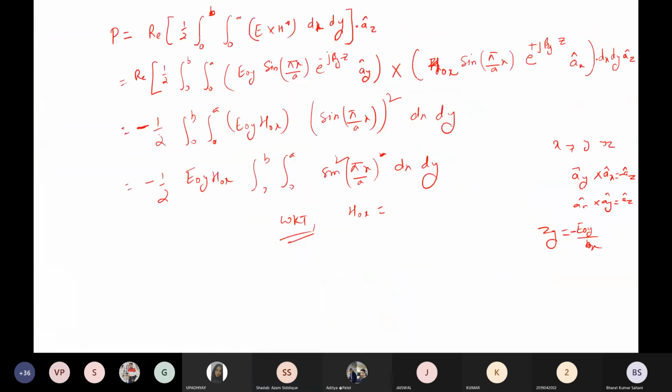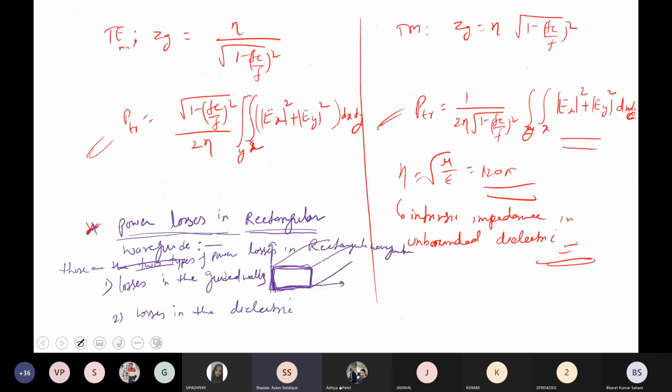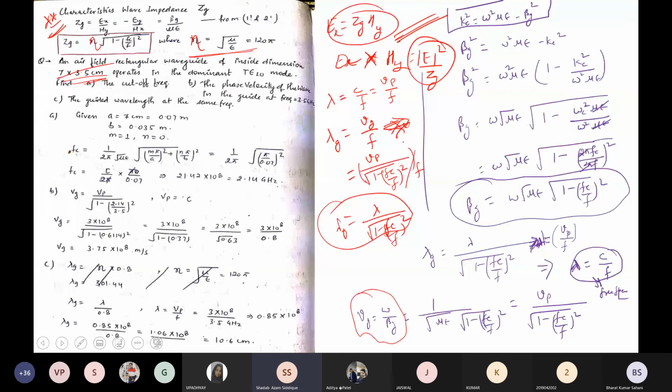So this can be written as minus beta g upon omega mu, and E naught y. Okay, so that can be written in this form. You can find it out from the previous equations that we had. You can find it out from this one.